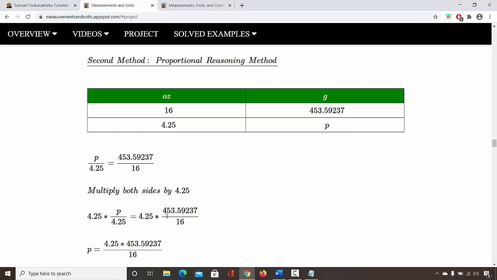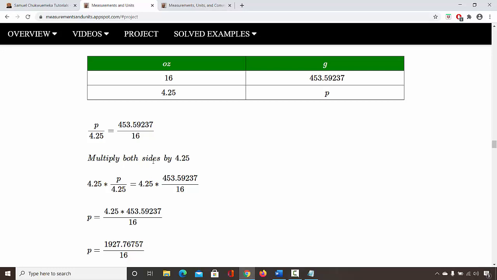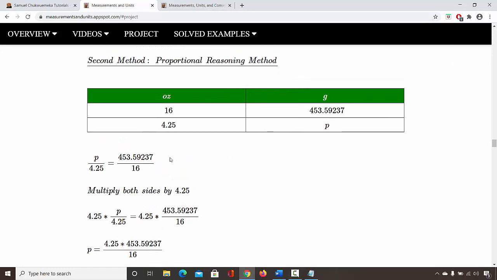Now we do the proportional reasoning. We can do P, and you ask students to now form proportions. If you're teaching fractions, then ratio, then proportion, because proportion is the equality of two ratios. This is a good time to ask them, how many ways can we form a proportion here?